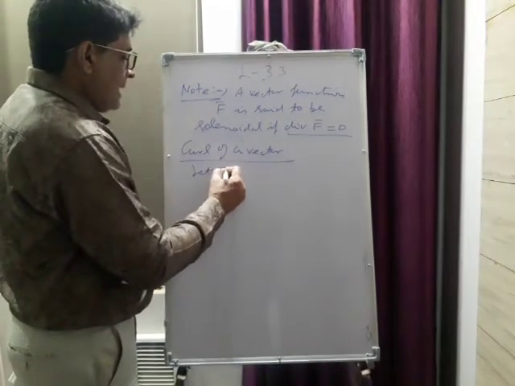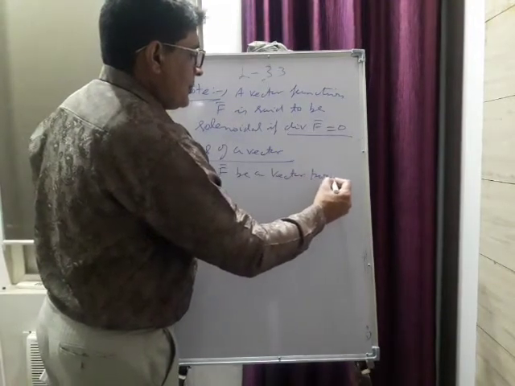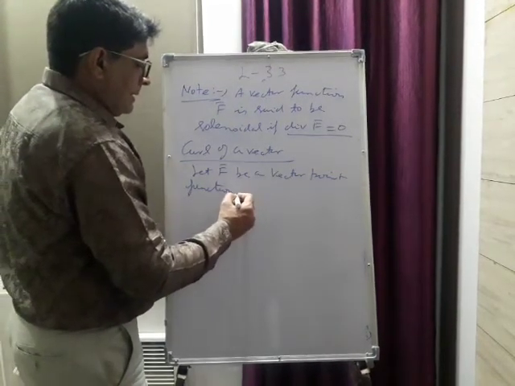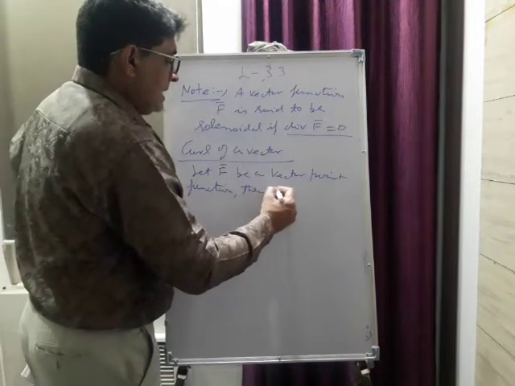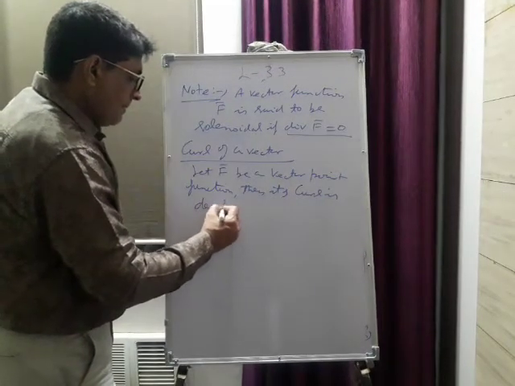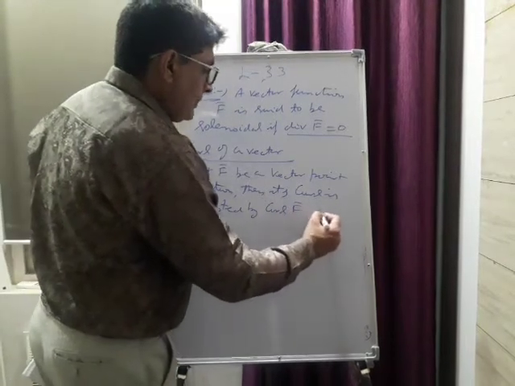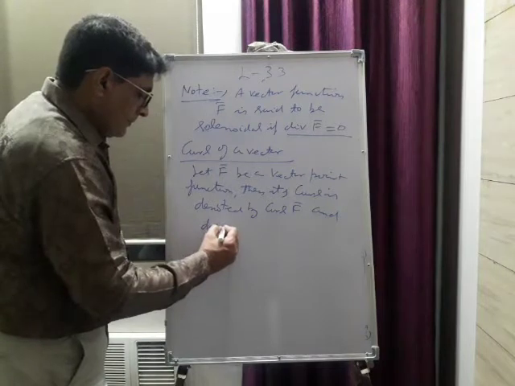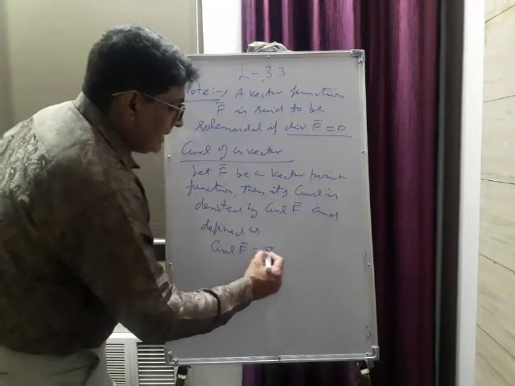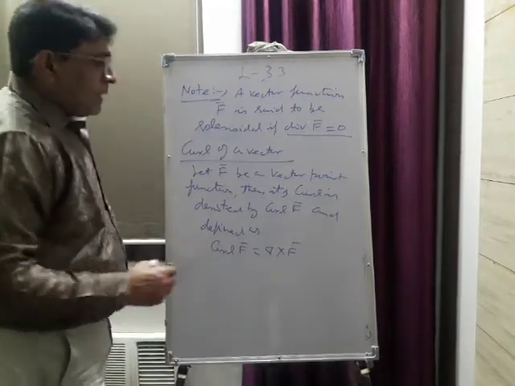So let F be a vector point function, then its curl is denoted by curl F and defined as curl F equal to del cross F. Del cross F.